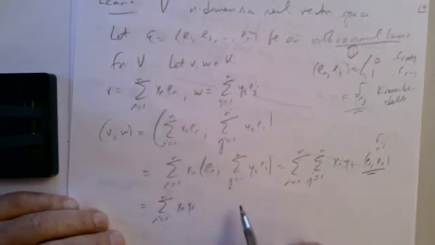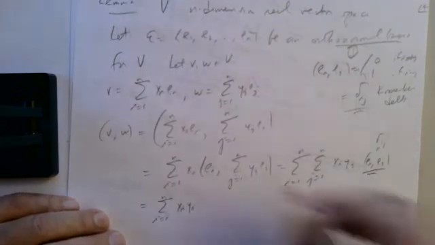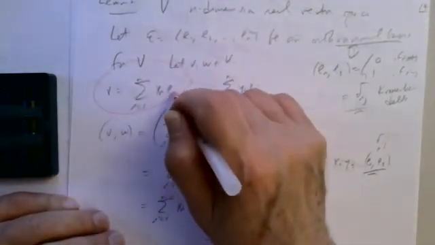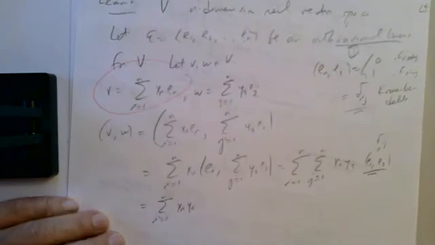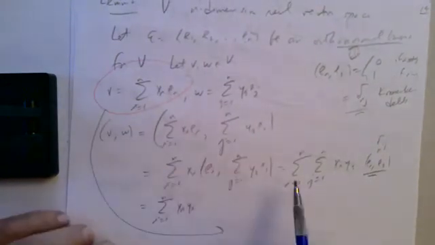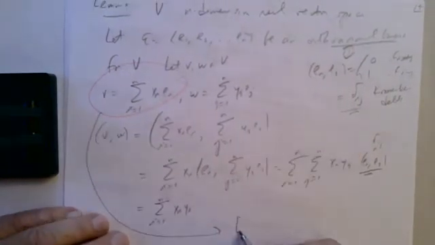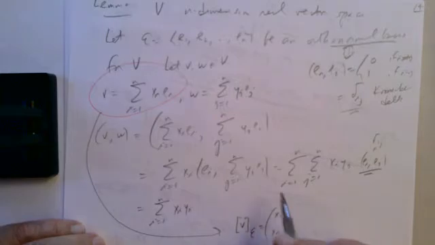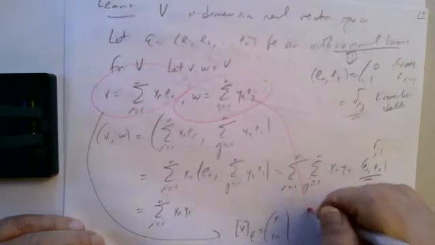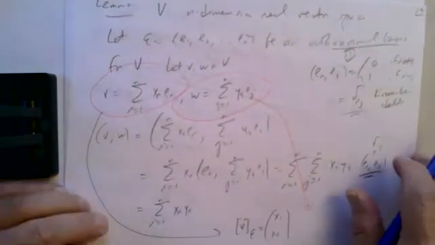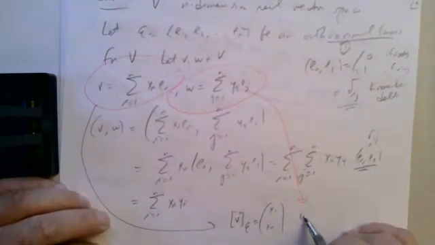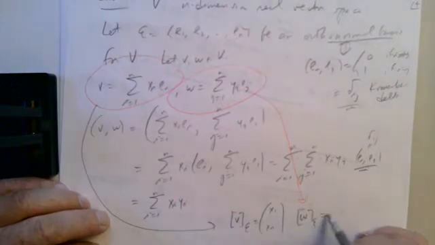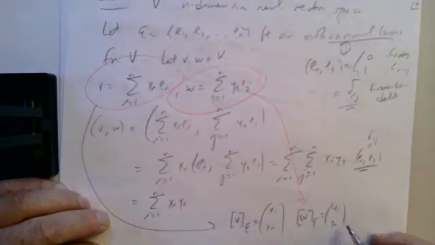Now, if v is the summation of xi ei, what that means is that what we call the coordinate vector of v with respect to this basis e is x1 up to xn. And if w has this expansion with respect to the basis, w has coordinate vector y1 up to yn.